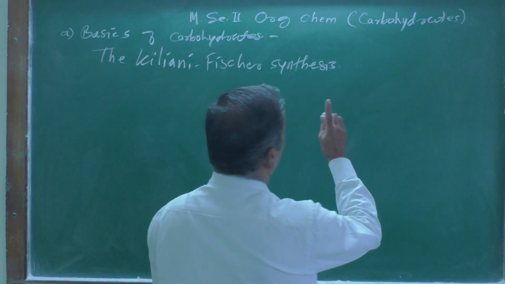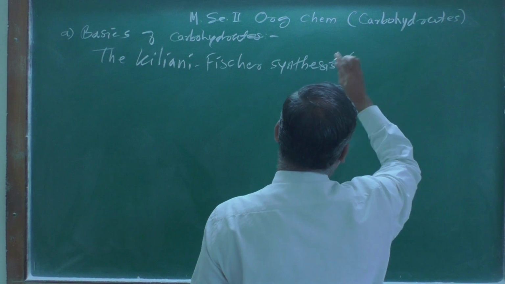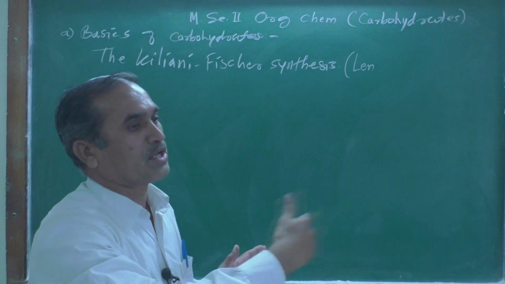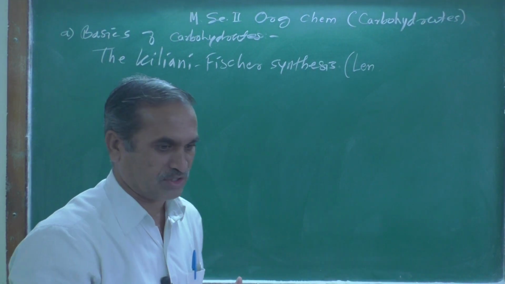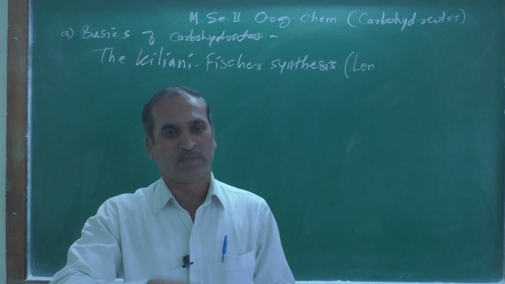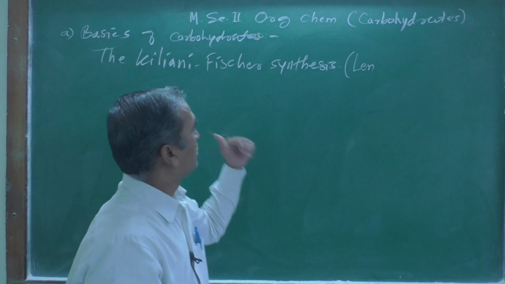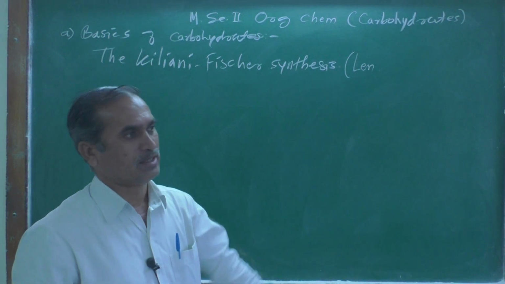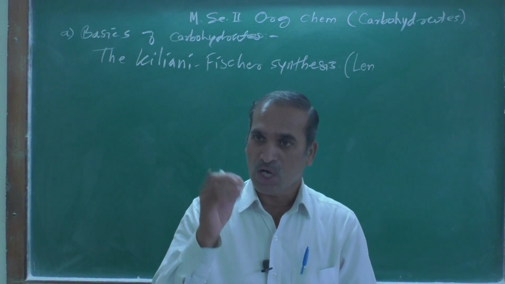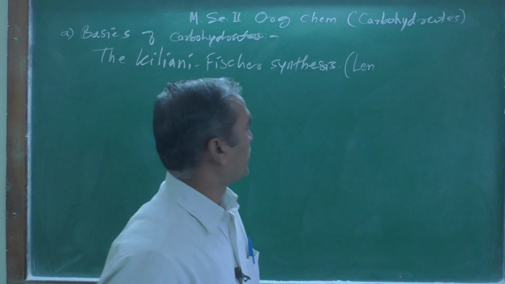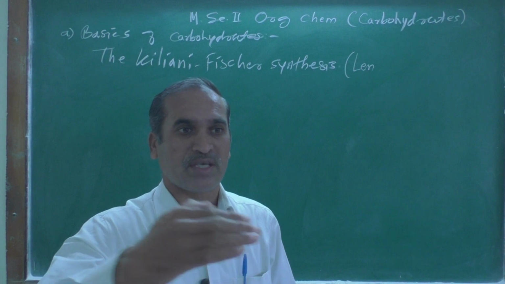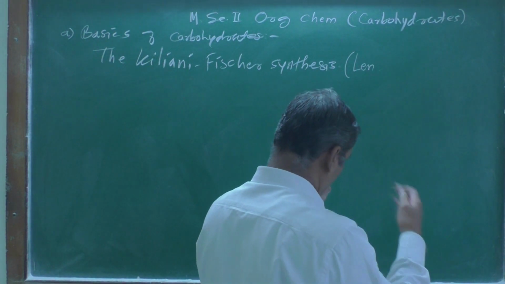Lengthening, or what we can call increasing, is a step-up reaction where we can increase the chain by one carbon atom by applying this procedure. That is the lengthening of the carbon chain of the aldoses, increasing one carbon atom each time.